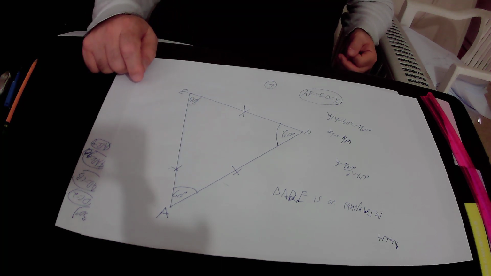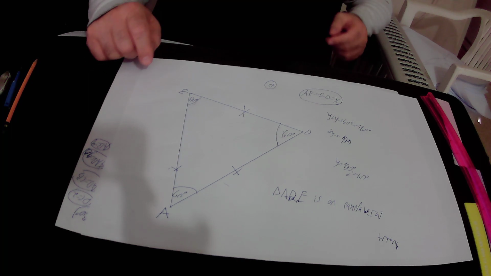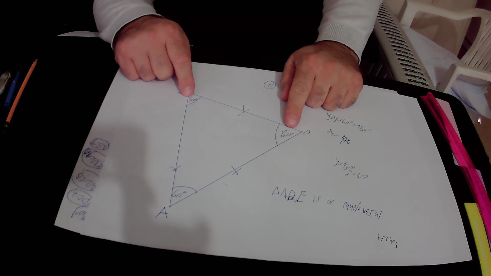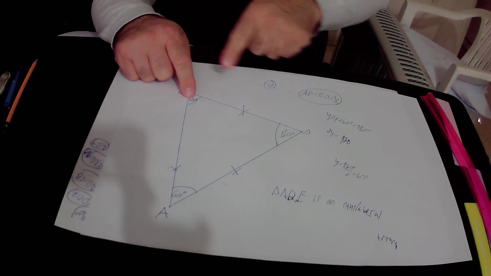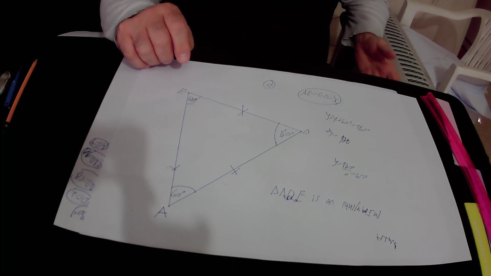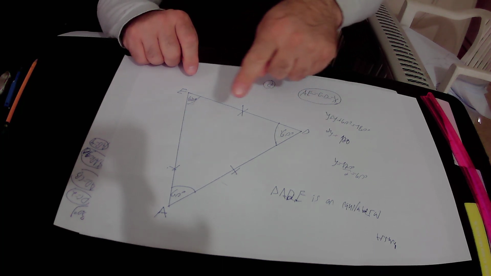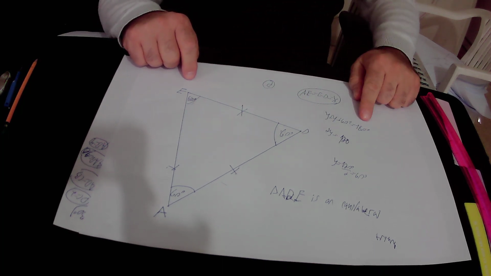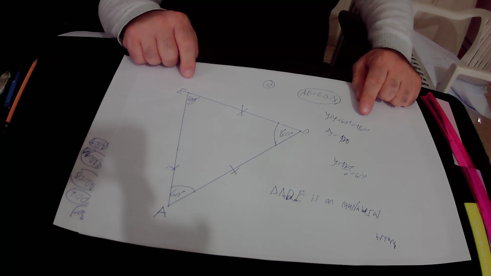And we have the rule that in front of equal sides in the triangle there are equal angles. That is to say those 2 angles must be equal to each other. If this angle is y, this angle also is y. And we know that the sum of the angles in any triangle is equal to 180 degrees. That is to say y plus y plus 60 degrees must be equal to 180 degrees. Y plus y is 2y.